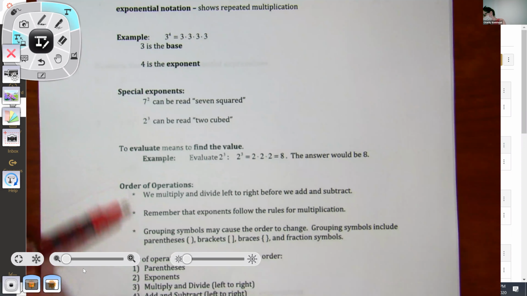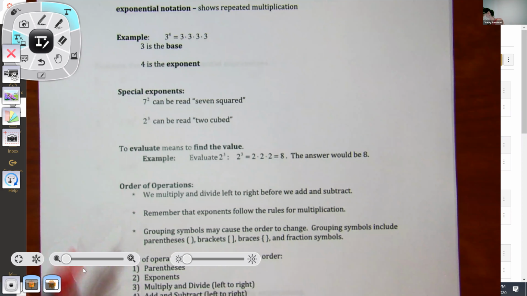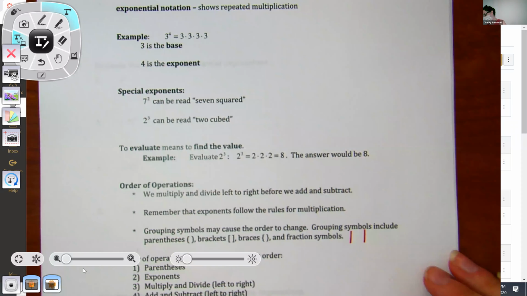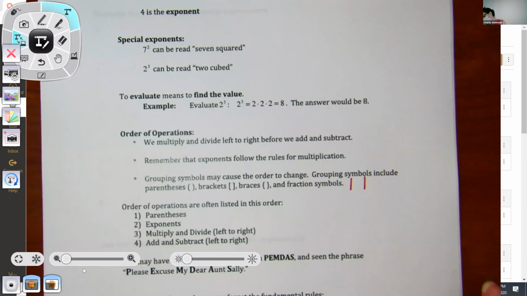Grouping symbols may cause the order to change. Grouping symbols could include parentheses, brackets, braces, and fraction symbols. Absolute value is another possible grouping symbol, and we even saw some examples of that yesterday, I believe.